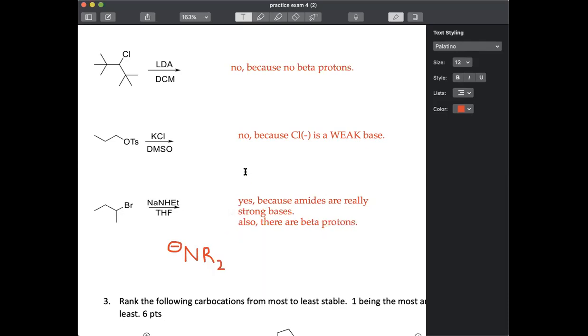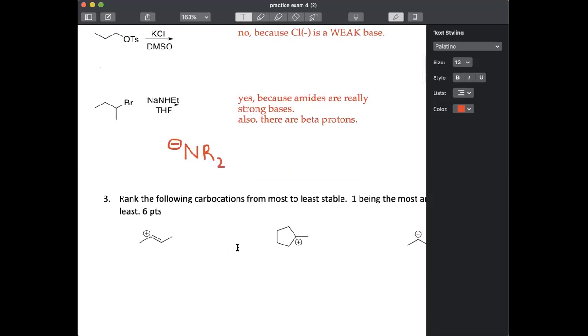So make sure you know this. This is a really strong base. All right. Questions about this? Cool. All right. Let's move on.